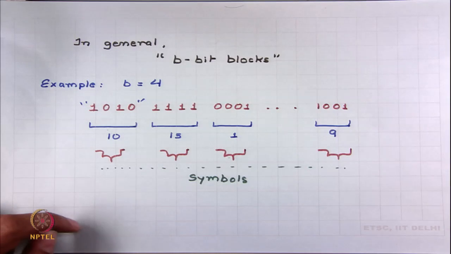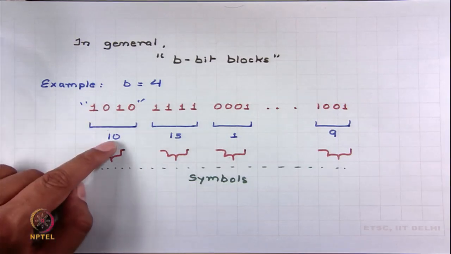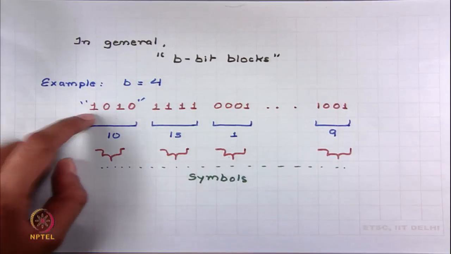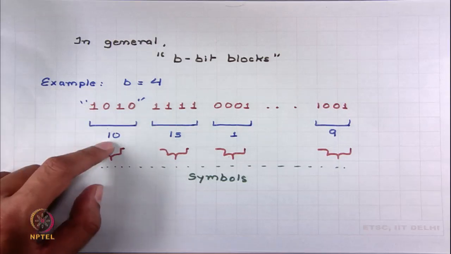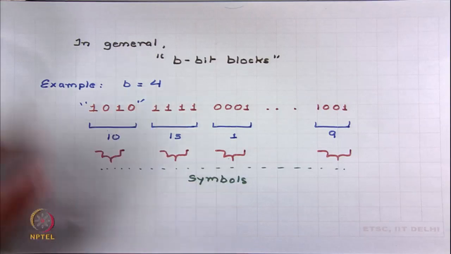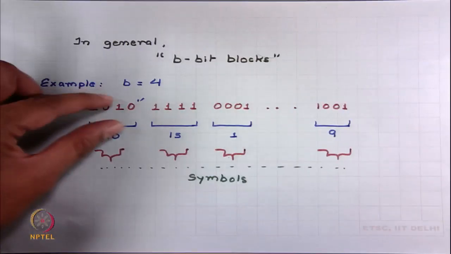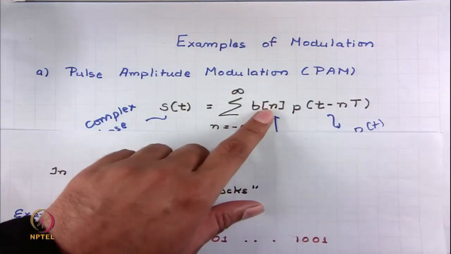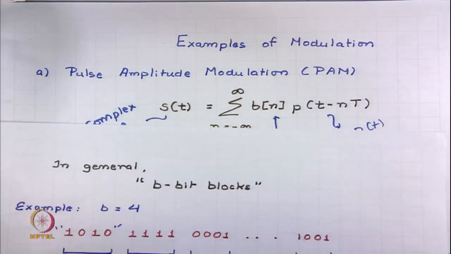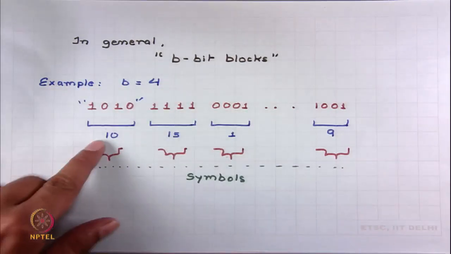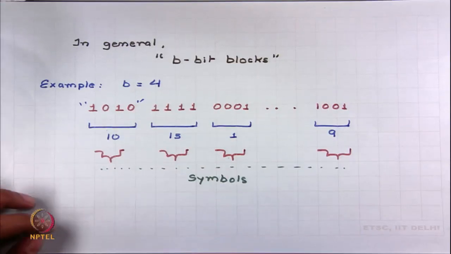Here what we have done is we have just considered the symbol which is equivalent to the binary value of this block. For example, we can map this to the number 10, this to number 15, this to number 1 and this to number 9. So, the first step in modulation is you convert these bits or blocks of bits into symbols. b_n are the symbols. Okay. So, we have converted this binary sequence into 4 numbers or 4 symbols.